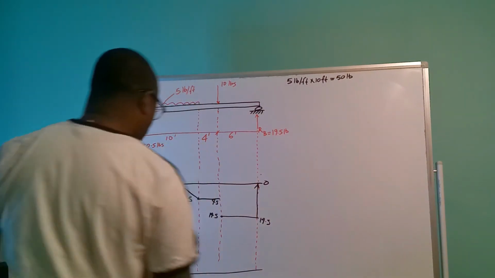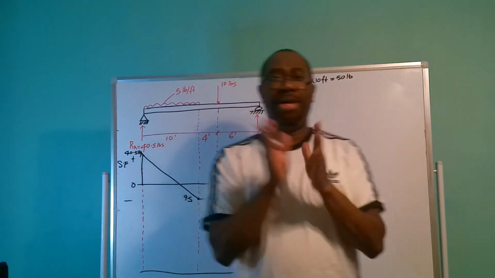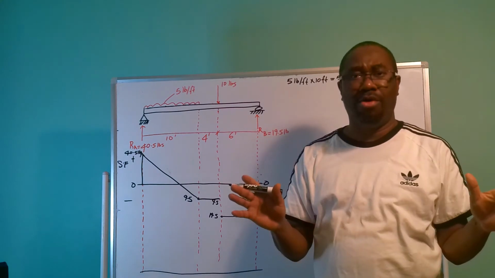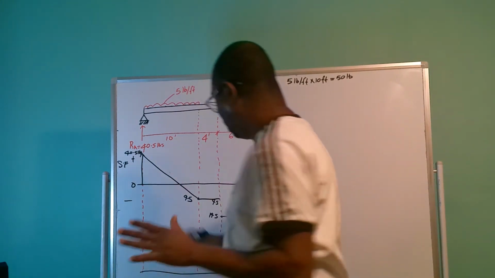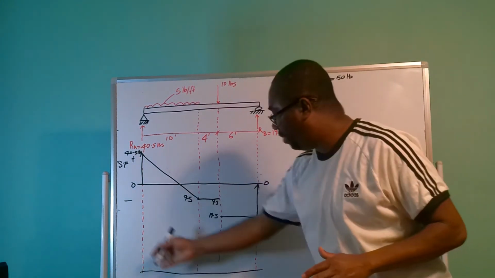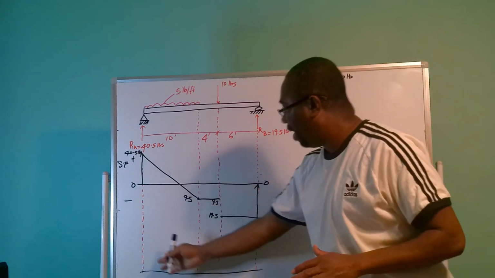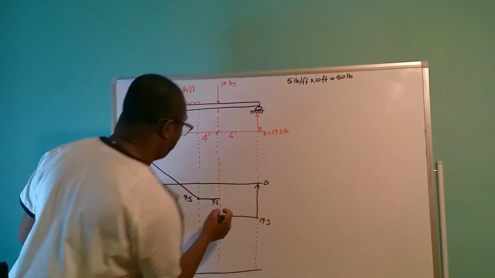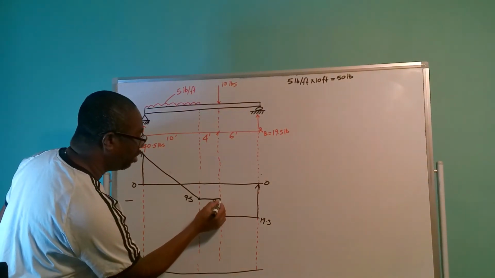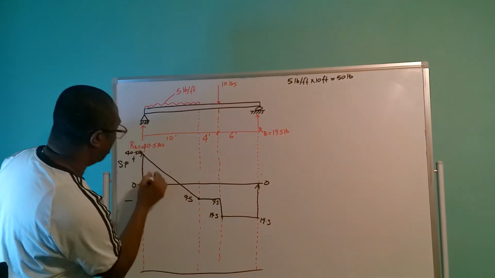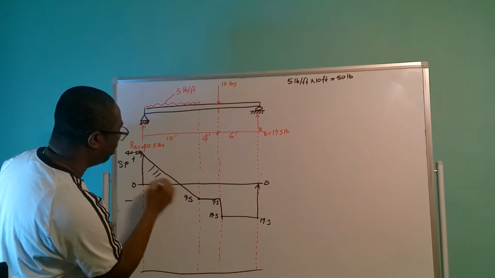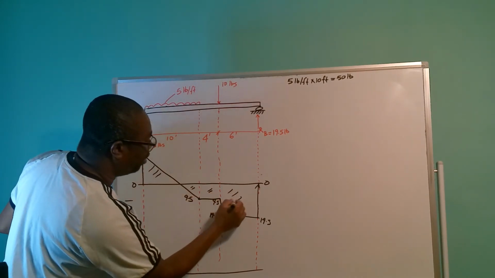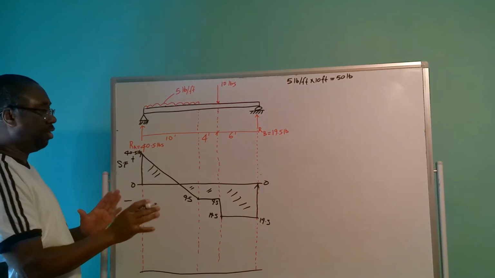Now I am going to plot the bending moments diagram. The space is kind of limited for my bending moments diagram, but nonetheless I'm going to try. So all this portion here is going to be the shear force diagram.